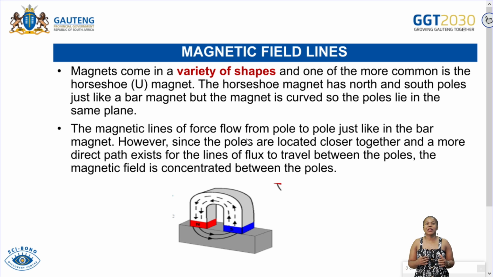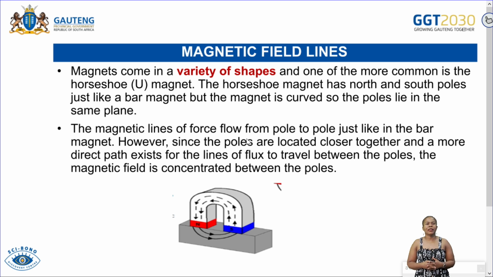Now, the magnetic field lines flow from pole to pole, remember. On the outer part, the direction is from the North Pole to the South Pole, which is receiving externally, but then they move continuously from the south to the north inside the magnet. In this case we're talking about the horseshoe, a U-shaped magnet.